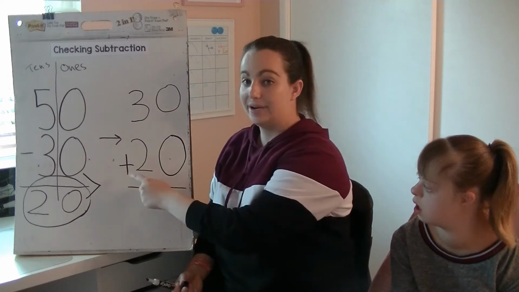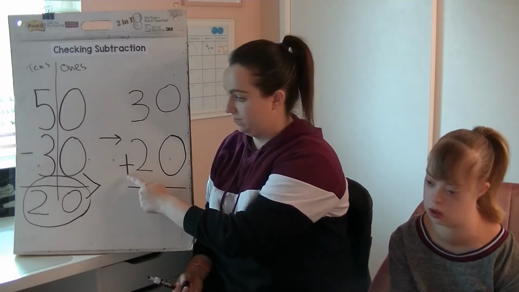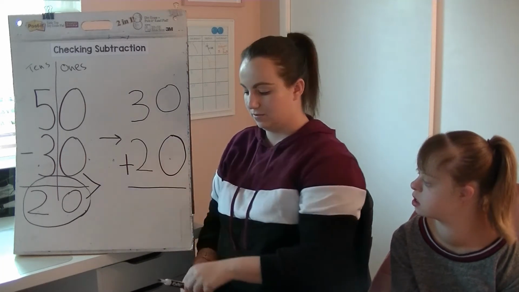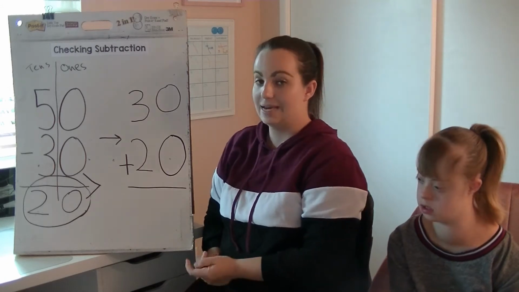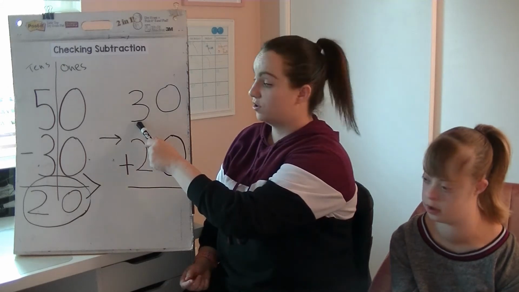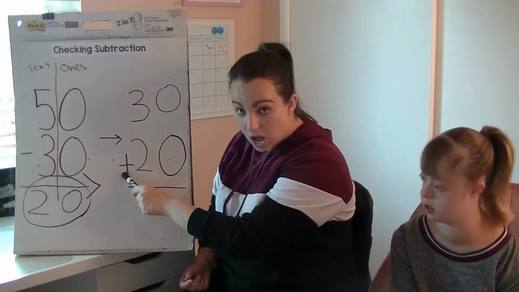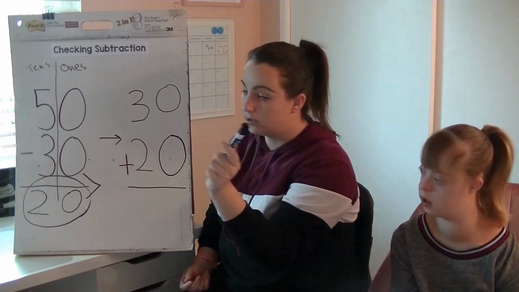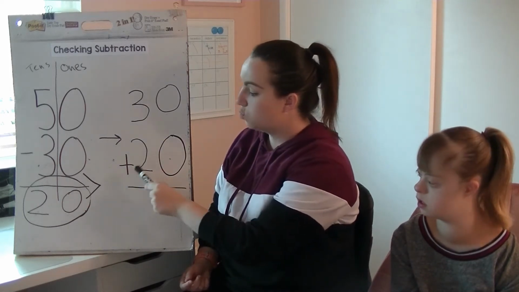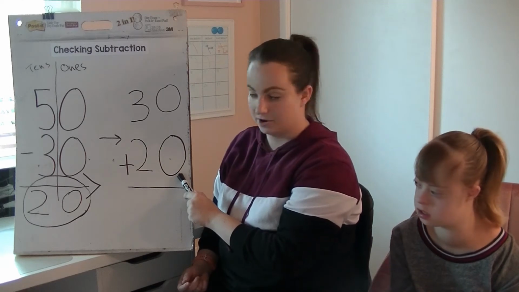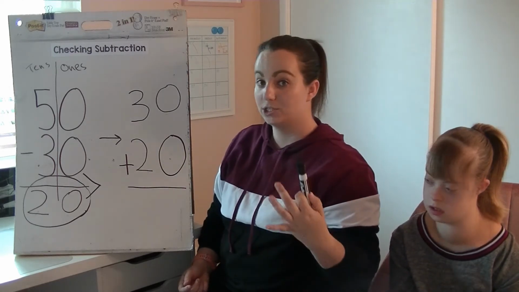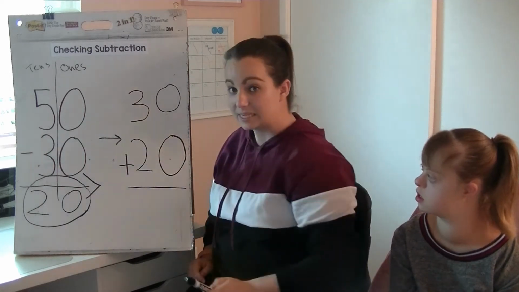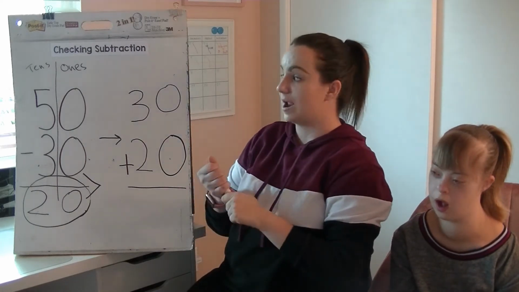So now I have an addition problem. This addition problem, get ready to read it with me. It says 30 plus... That's important to know. We're doing addition now. Plus 20. 20, very good. Let's go ahead and do it. I hope we get 50 as the answer. That means we'll have done it right.